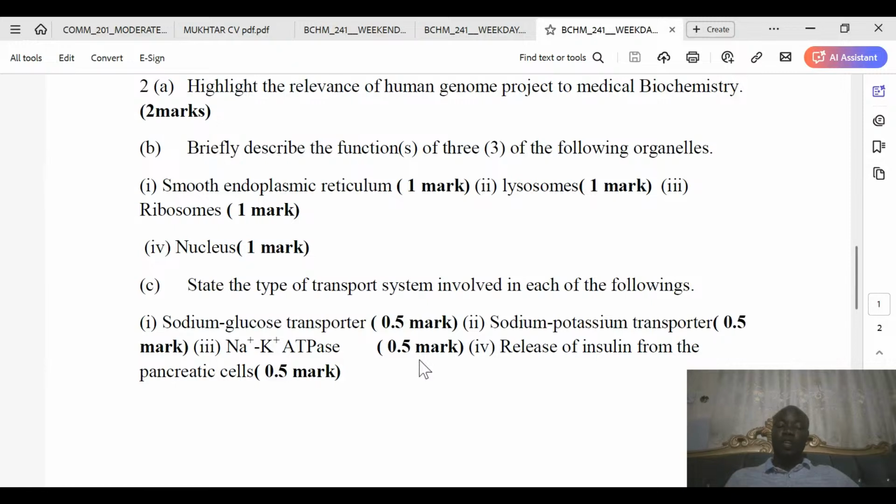Whenever we have a bulk transport, when large molecules are moving from inside of the cell to outside of the cell, that is why we said release of insulin from the pancreatic cells. It means that it is going out from the pancreas. So the answer is exocytosis. Okay, thank you. It's not facilitated diffusion, it's not uniport. The answer is exocytosis. So now, let's move to the next question, ladies and gentlemen.